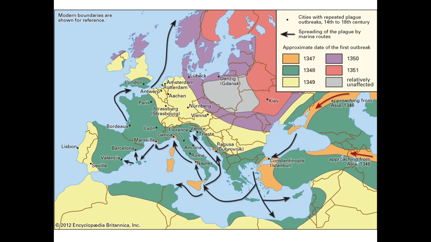A lot wasn't known at this time. And if you think of environmental conditions and what happened to fecal matter and waste in general, a lot of it would have been left to build up, and that would have attracted rats. So there is a real link between living conditions and environmental conditions, if you will, and the spread of this disease.